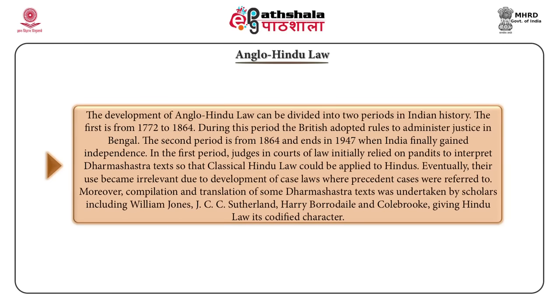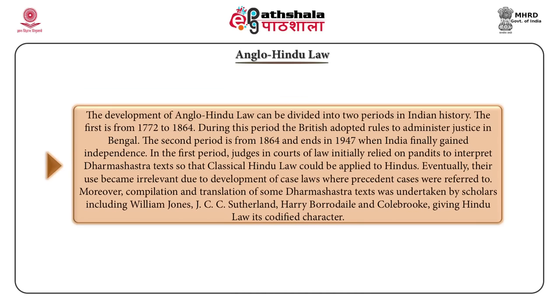So scholars including William Jones, J.C.C. Sutherland, and Colebrooke himself gave what we refer to as Hindu law its codified character. So this is a very interesting thing, because as we had pointed out in the first part, what we refer to as Hindu law was actually a great deal of customary Hindu practices that varied from place to place.